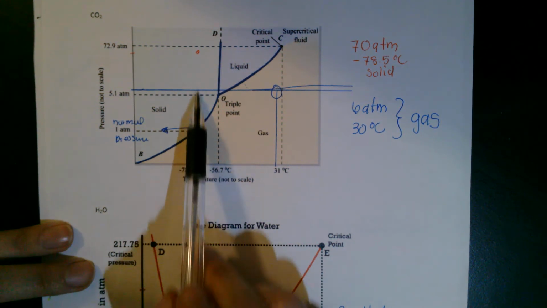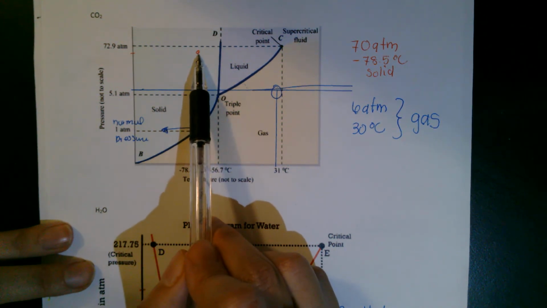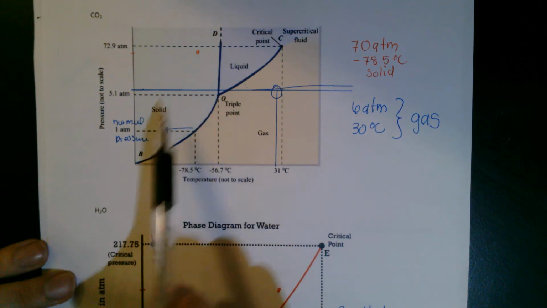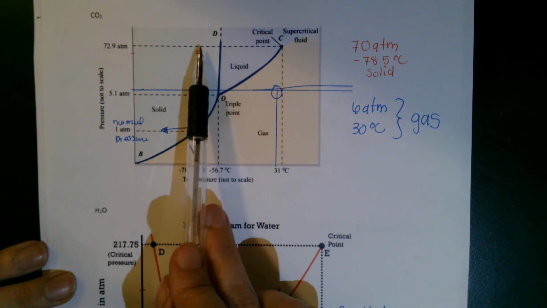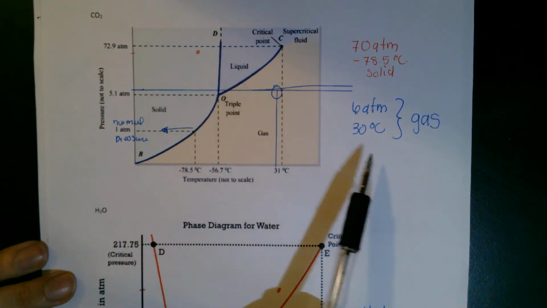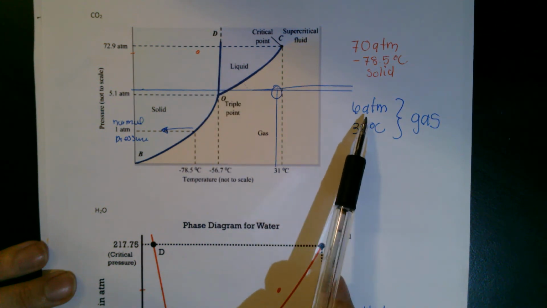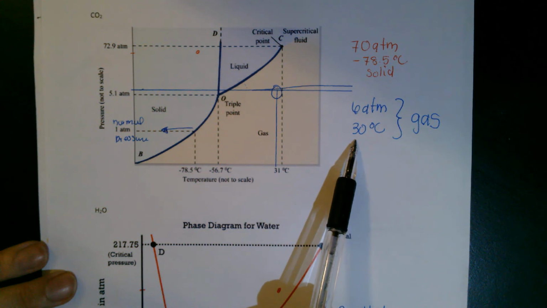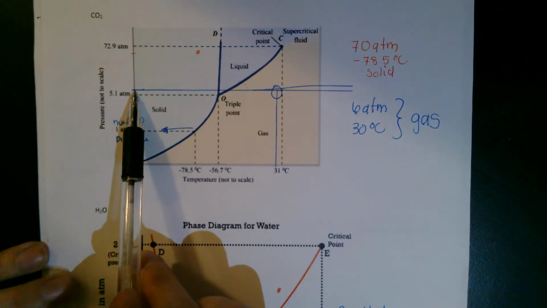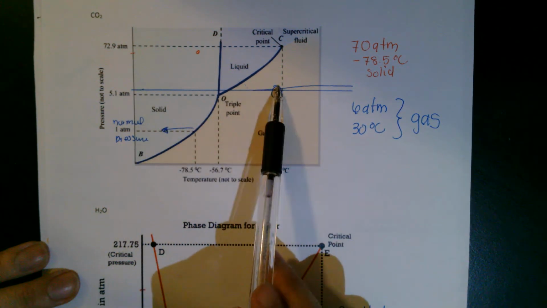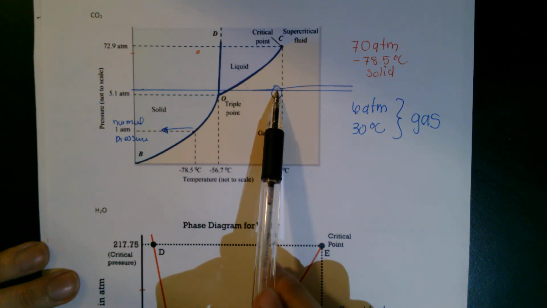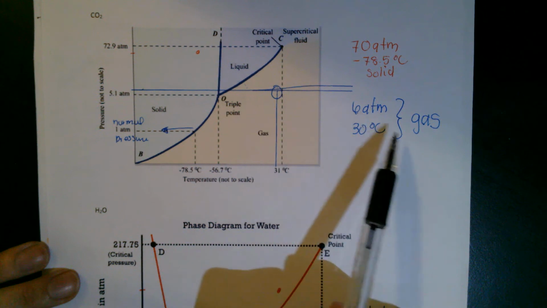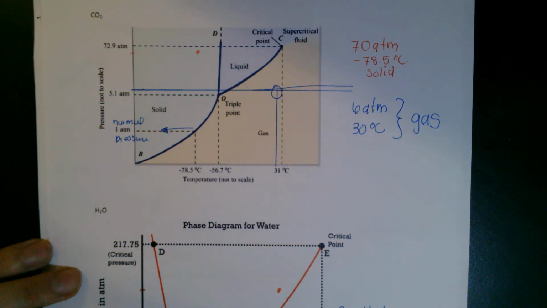That puts us right here, squarely in the solid phase. So under these conditions, CO2 would definitely be a solid. For this one, 6 atmospheres of pressure and 30 degrees Celsius, same thing: just slightly above 5, and a temperature slightly less than 31, we would get that CO2 would be in the gas phase.